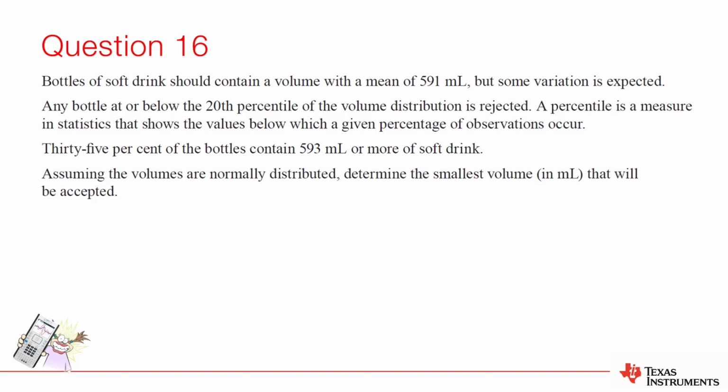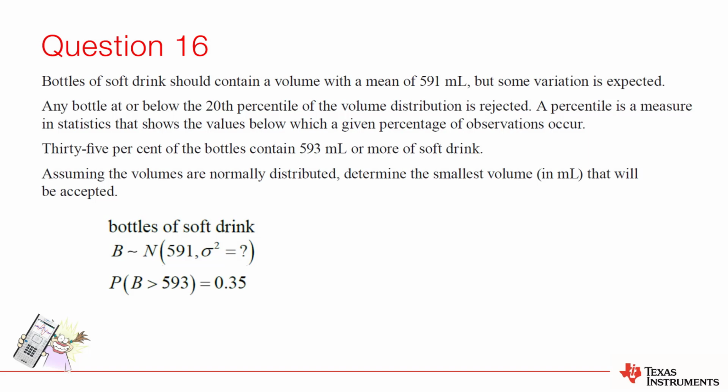Okay, so what are we given? What do we know? Well, let's let B be the amount of drink in the soft drink bottles. B is a normal distribution. Mean is 591, but the variance is unknown. All right, what are we given here?